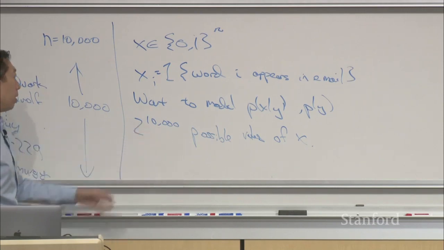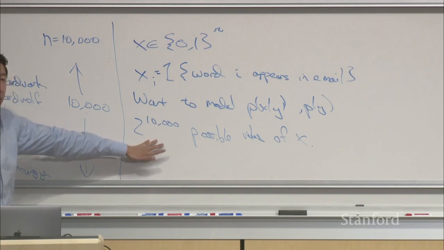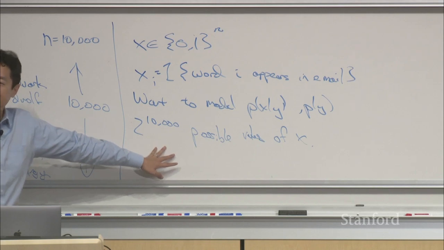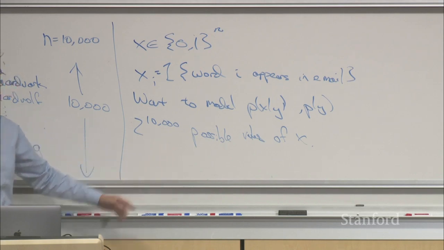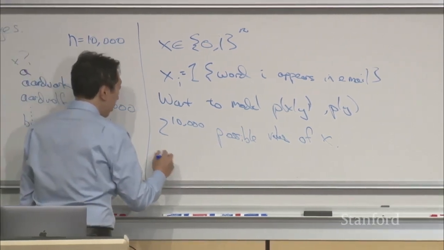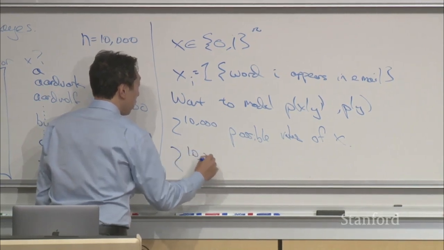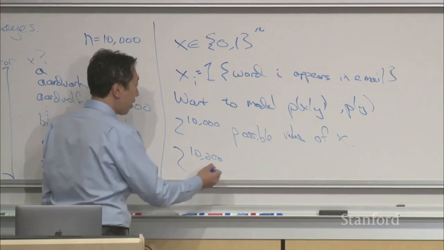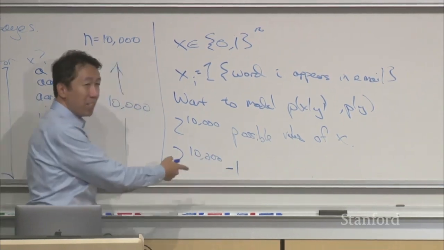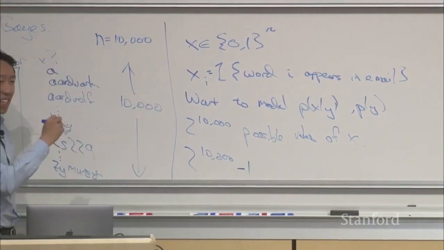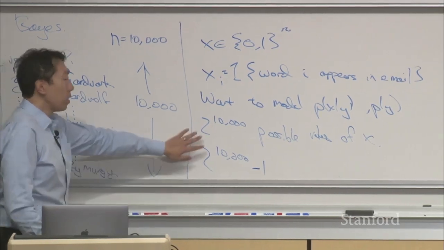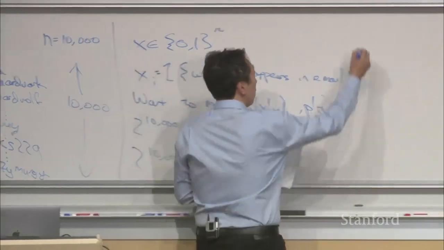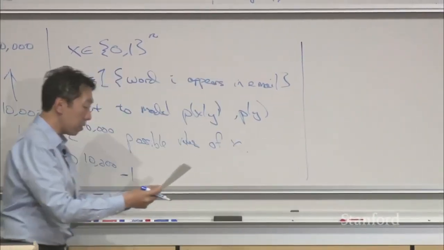If we try to model P of x in the straightforward way as a multinomial distribution over 2 to the 10,000 possible outcomes, then you need 2 to the 10,000 parameters, which is a lot. Or actually, technically, you need 2 to the 10,000 minus 1 parameters, because they add up to 1, so you save 1 parameter. But modeling this without additional assumptions won't work, because it's an excessive number of parameters.